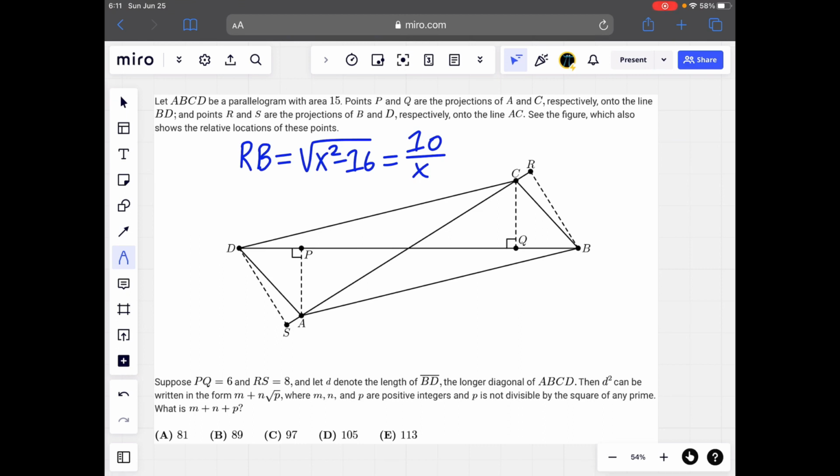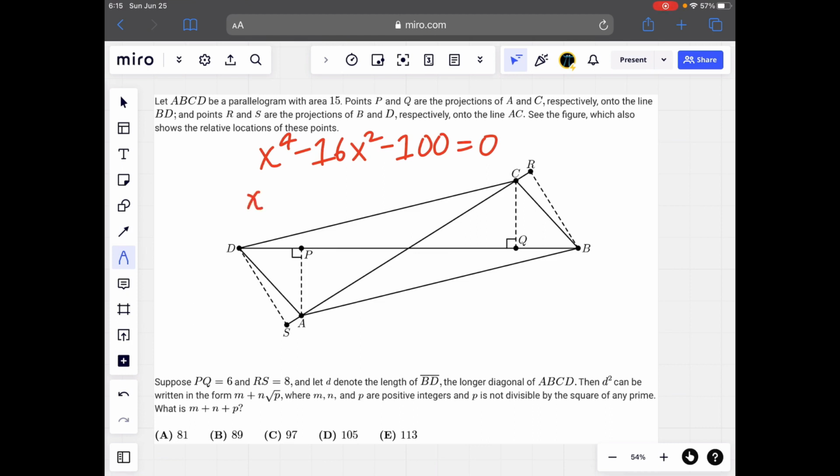If you square both sides, that's equal to x squared minus 16 equals 100/x squared. Now, if you multiply both sides by x squared, you get x to the 4th minus 16x squared equals 100. And so it is here that we get the quadratic in x squared: x to the 4th minus 16x squared minus 100 equals 0.